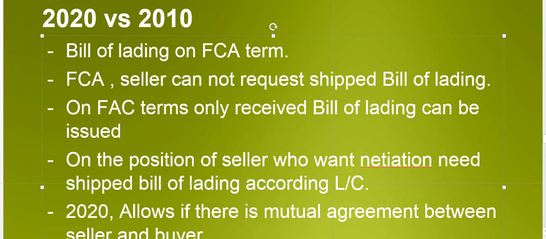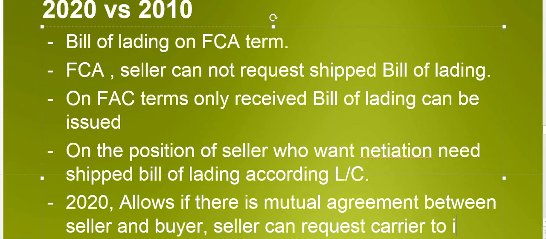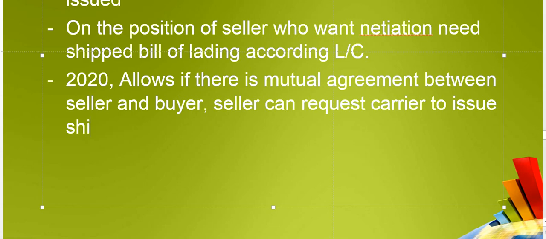In this case, if there is mutual agreement, and mutual agreement is a very important criterion, the seller can request the carrier to issue what? A shipped bill of lading.